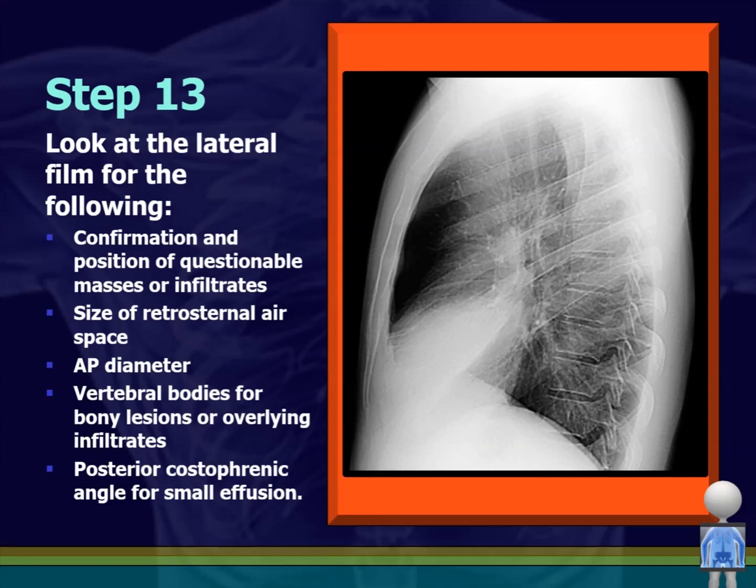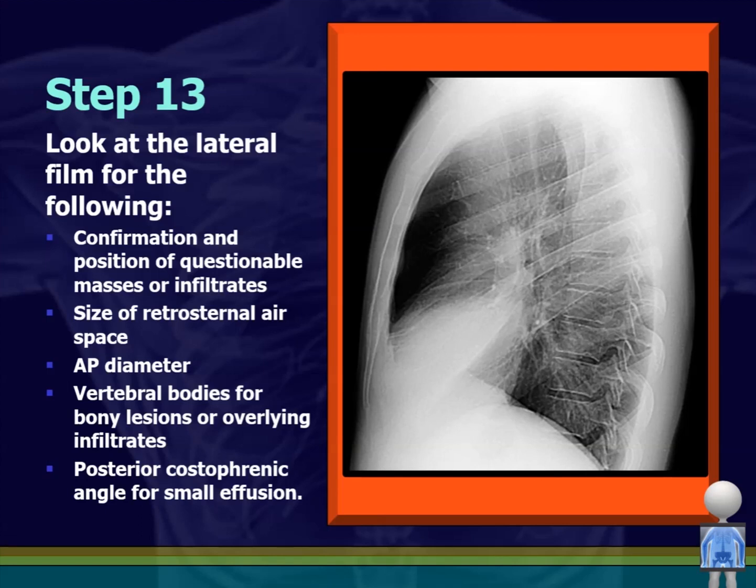The lateral film is going to help us confirm positions and locations. It might help us with AP diameter and such things as COPD that we talked about. It gives us a better feel of looking at the vertebral bodies here. So we need a little more bony attention to the vertebral bodies than we would in a regular film, although you have to look at vertebral bodies in both. Remember, you look at all bony structures.